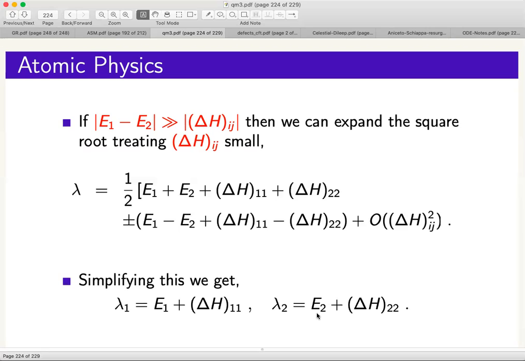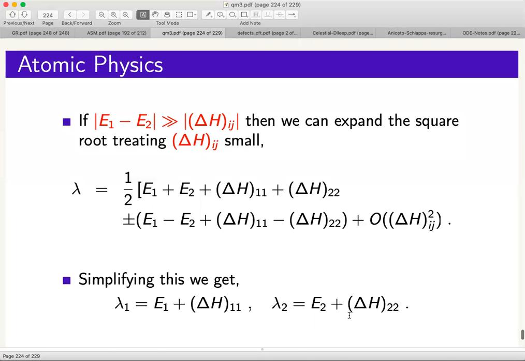So if you do that, then you can clearly see that to leading order in perturbation theory, you have a correction to the eigenstate with energy E1 and to the eigenstate with energy E2 independently.